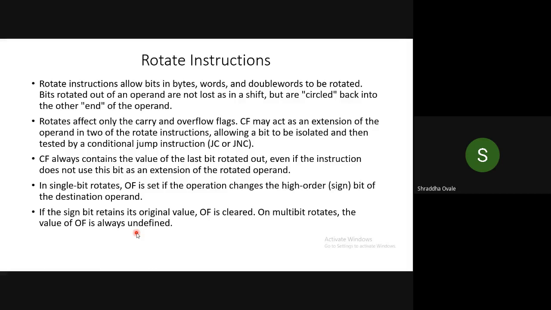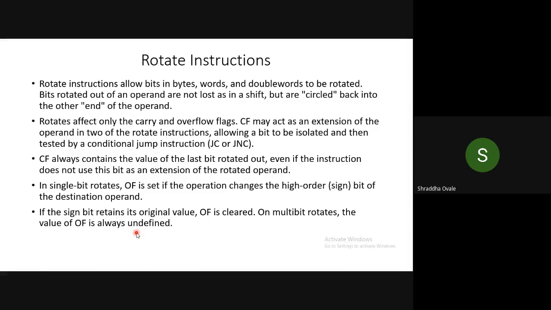Okay, rotate affects only the carry and the overflow flag. CF may act as an extension to the operand in two of the rotate instructions. This point you will understand in the diagram that I'll show below. It allows a bit to be isolated and then tested by a conditional jump instruction.